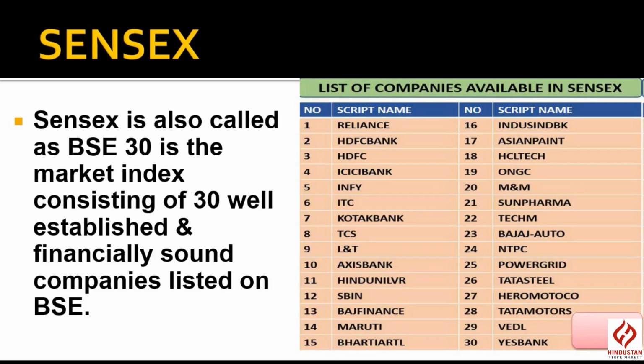And it is said that the market is doing good. On the other hand, if the stock prices of the majority of these 30 companies are going down on a particular day, then the Sensex will also fall. And we can conclude that the market is doing bad. Overall, it is an indicator of market movement.